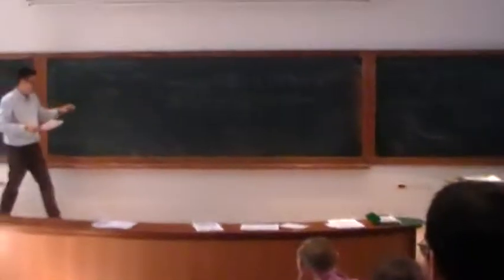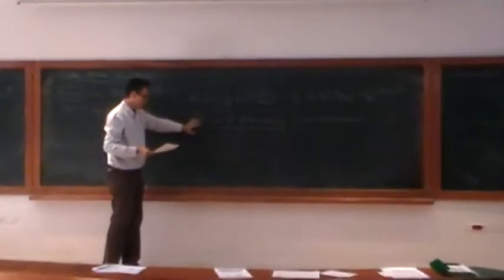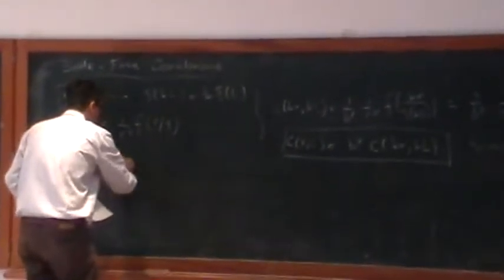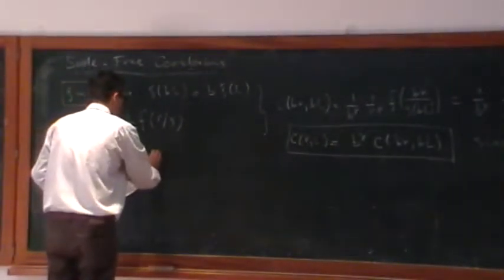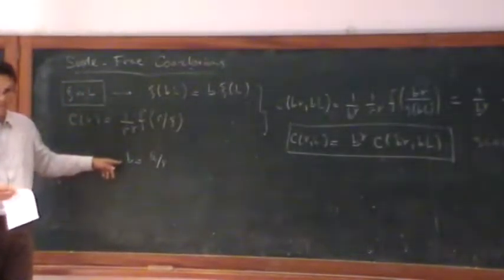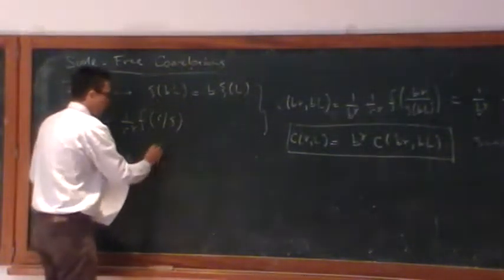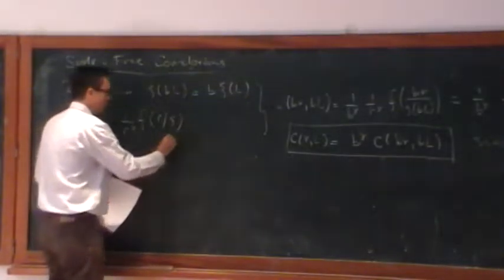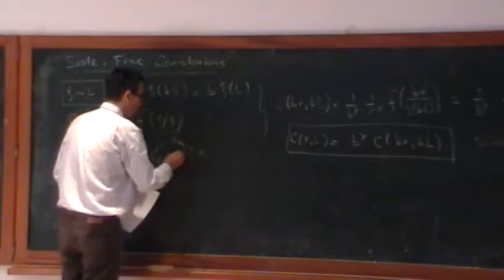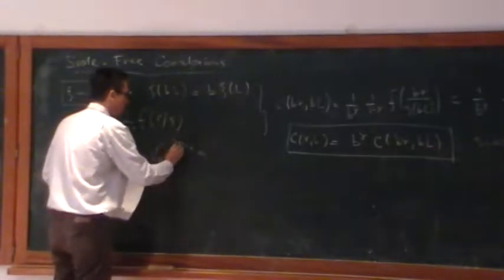Right, so this is the most important relation, but I can go further because now I can say that I take B equal to A over R, so B is an arbitrary scaling factor, and A is just a dimensional constant, if you want, the lattice spacing, or the microscopic length.